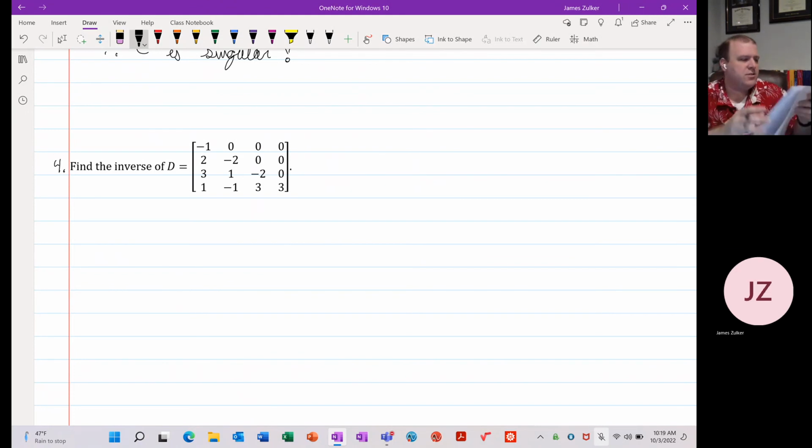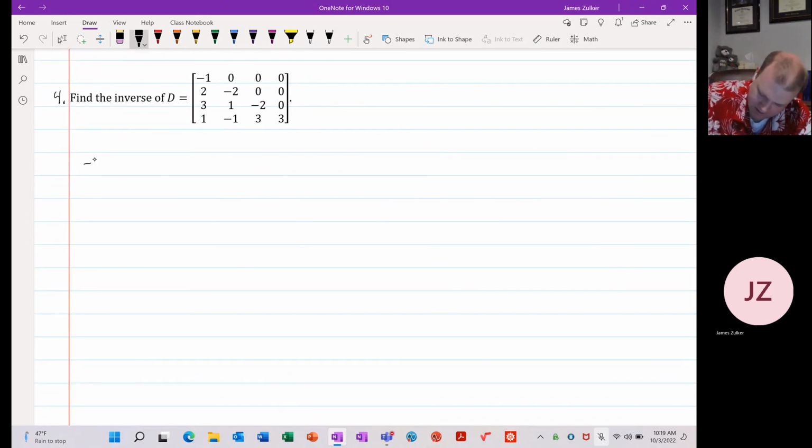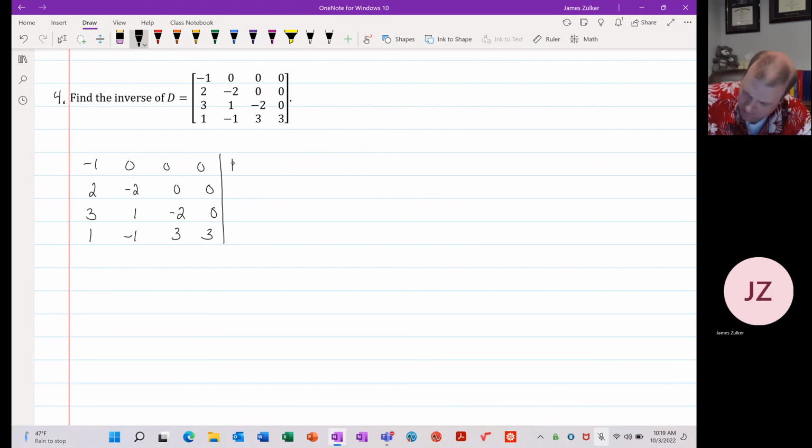Another 4x4 matrix. Right? So let's go ahead and try and find this inverse. Right? So take the matrix and augment it with the 4x4 identity.